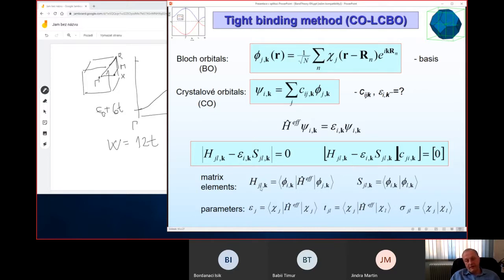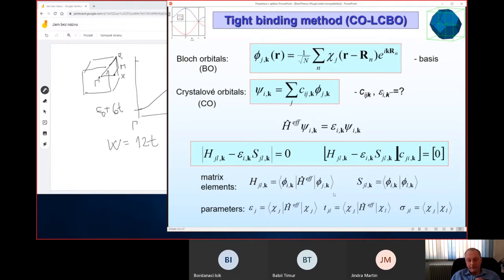If we are dealing with the diagonal element, so j is equal to l, then this and this wave function are the same. But if we want to evaluate the off-diagonal element, then phi j and phi l are different.